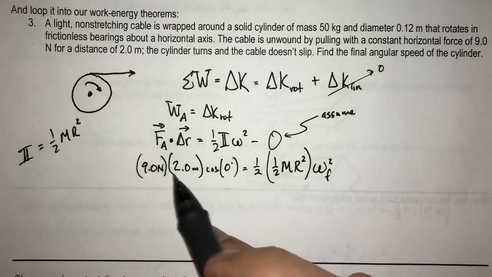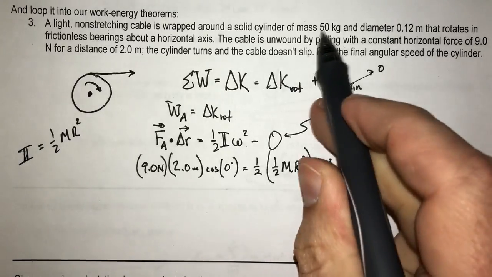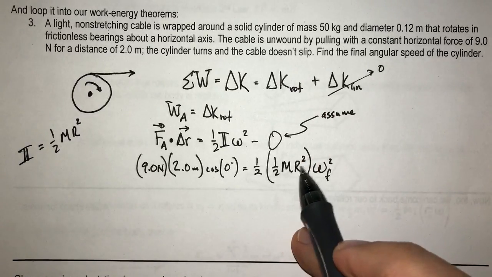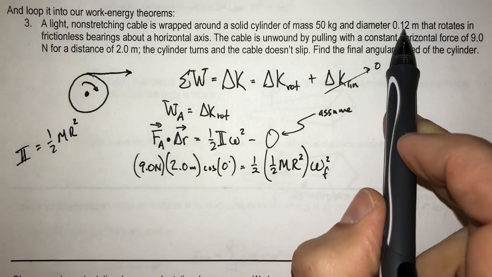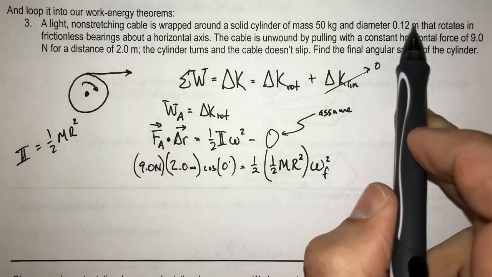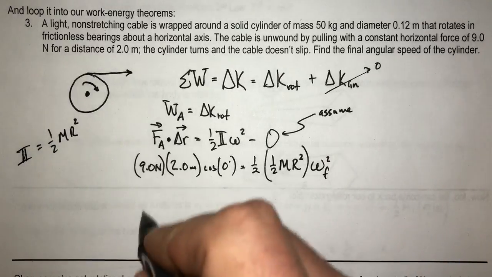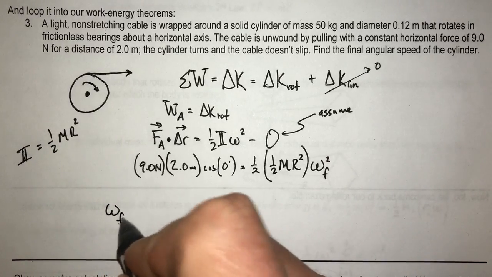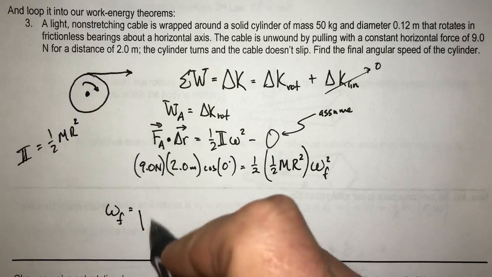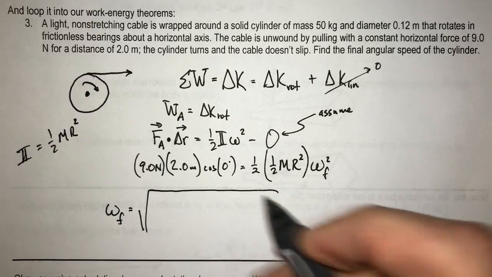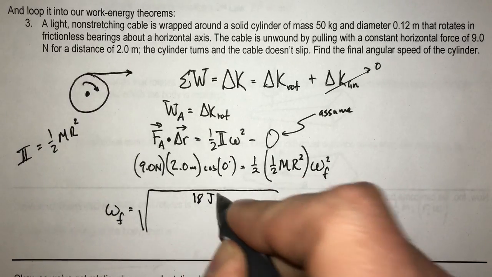Okay, so let's see. The mass we know is 50 kilograms. The radius we know is 0.06. Be careful, not 0.12. This is diameter. So we can calculate omega final with the square root. 18 joules.